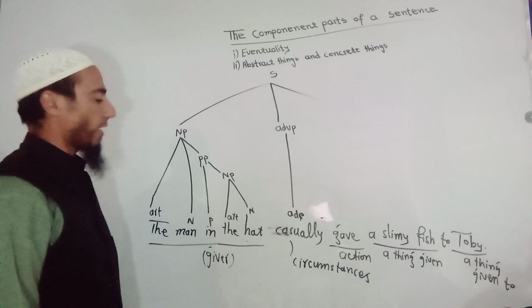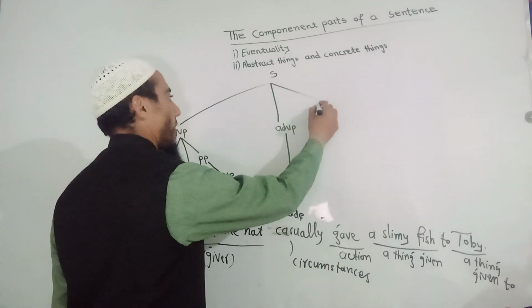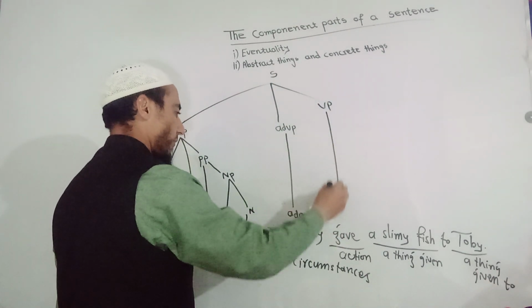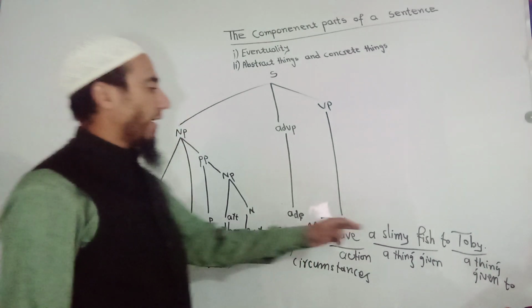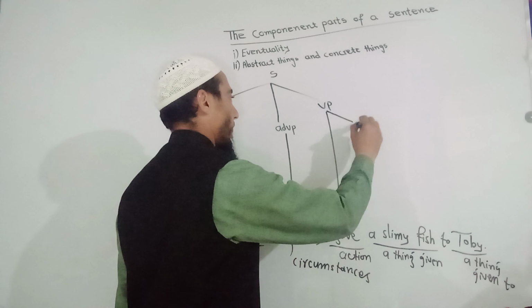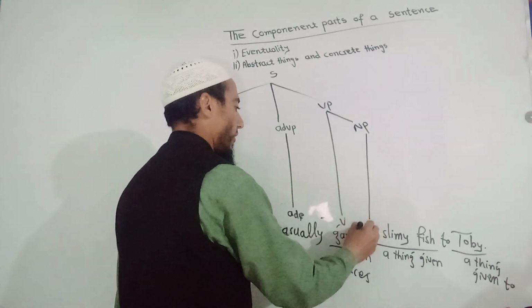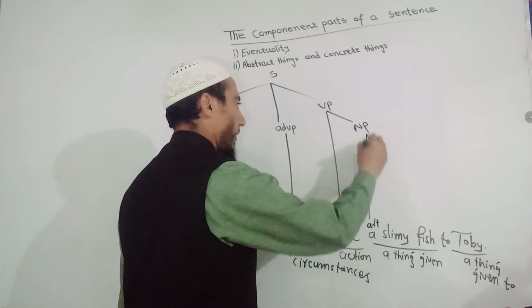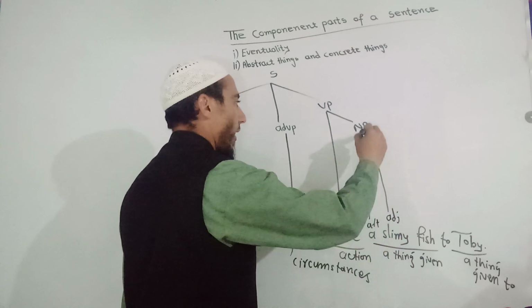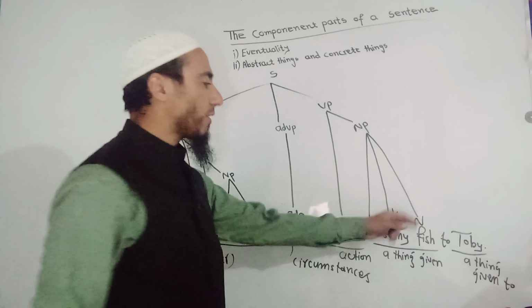It means adverbial phrase. After that we have gave, which is VP. Then a slimy fish, so we are taking NP. Here we have article, then adjective, and then fish, that is N.